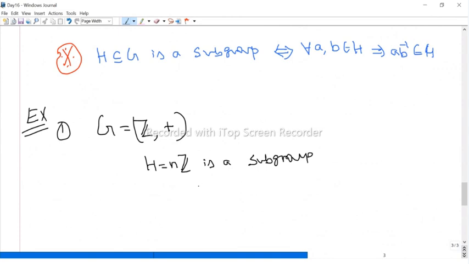For example, all multiples of 2, all multiples of 3, all multiples of 4 are all subgroups. So these are the only subgroups in Z, where H equal to nZ is a subgroup of Z.